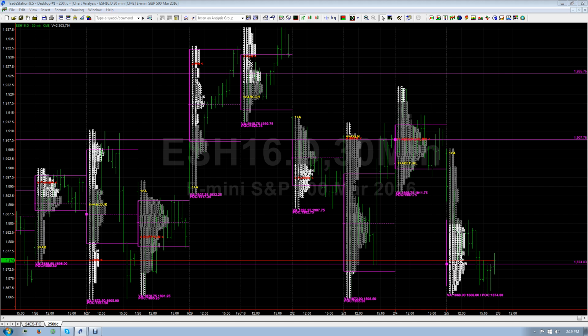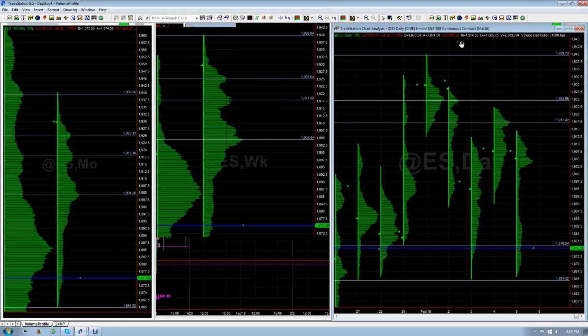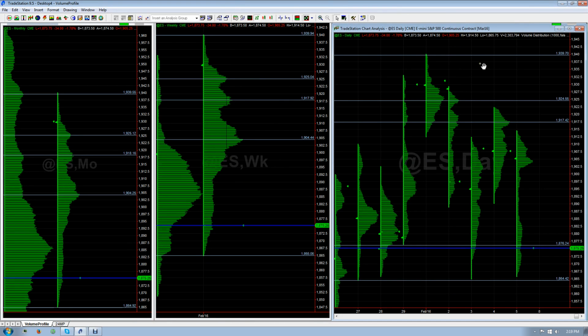And what's important about that is, this is a daily, weekly, and a monthly, and you can see here is a good Gaussian distribution, or high volume nodes in your volume profile. It shows price interest.